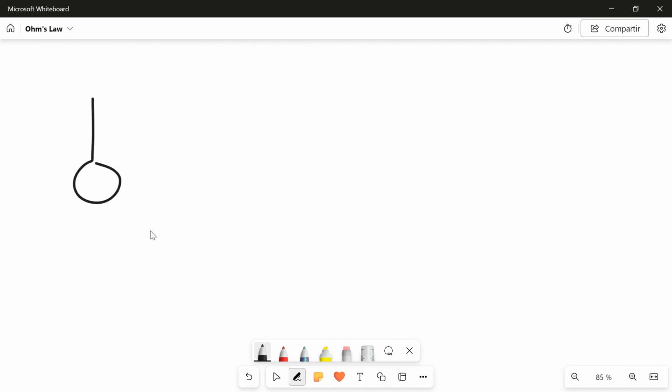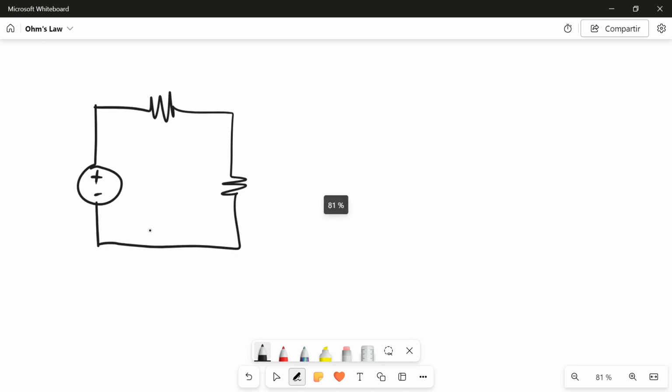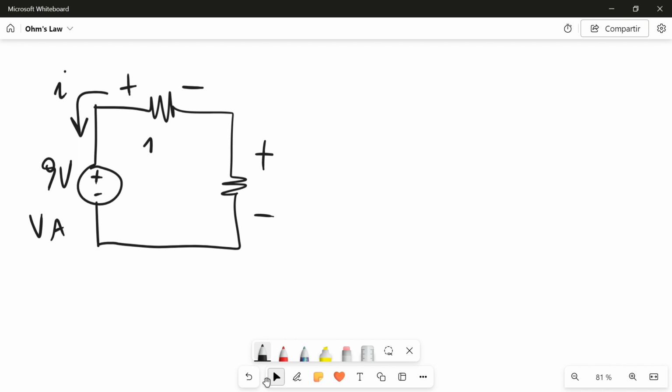So we have this voltage source, then a resistor here, again a resistor here. We have 9 volts, and we call this VA, R1. We put the sign like this, we measure with our voltmeter with black cable on the minus and red cable on the plus. And now we take I in this direction. We write the mesh. The mesh will be exactly the same as before because the plus and minus signs are in the same direction.